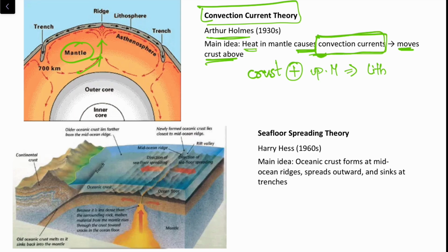So what is this convection current? Because of the continuous heat coming from the core region, the rocks in the mantle become molten or semi-solid in nature, and because of the heat they start expanding and moving towards the crustal region.